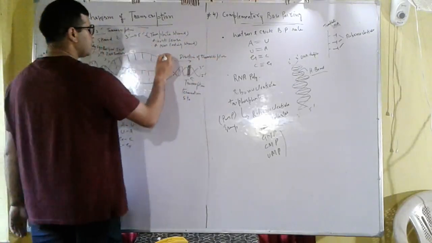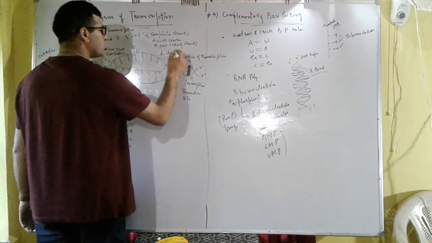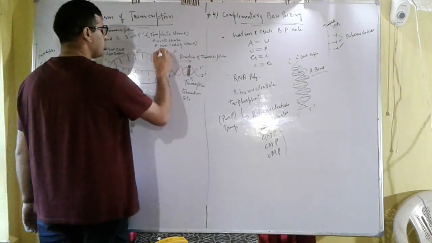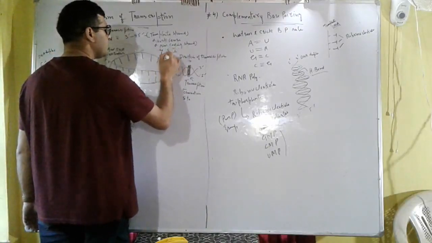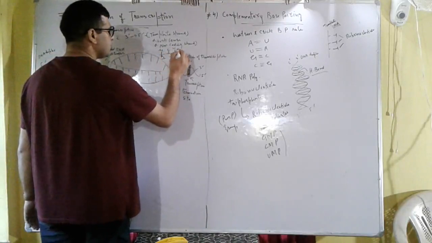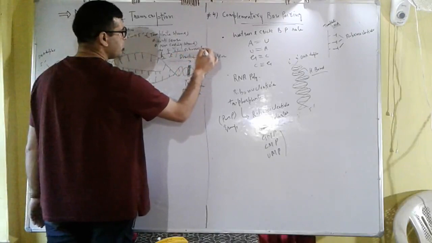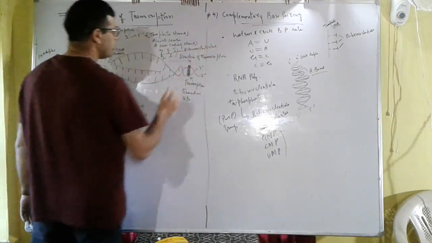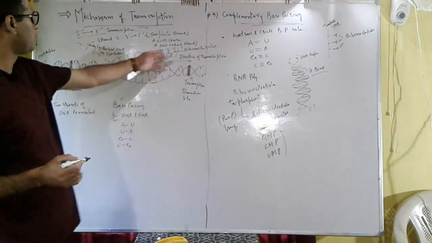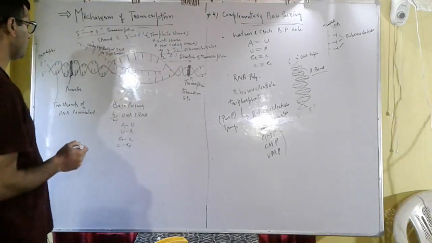Then suppose these are G, C, U, A, C. These are ribonucleotides, which are the building blocks of the RNA.